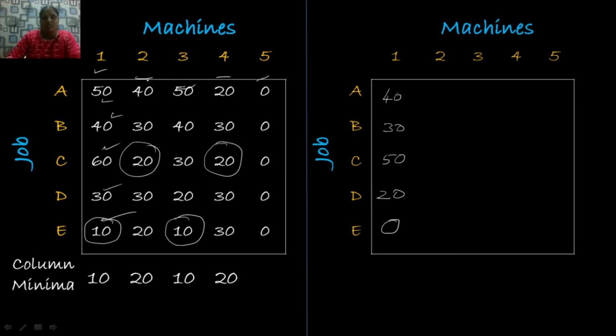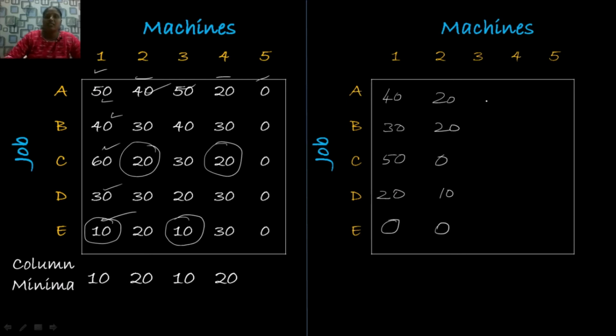And move on to the second column. We have to subtract 20 from these column elements. That is 40 minus 20, 20. Next 30 minus 20, 20. And 20 minus 20 is 0. 30 minus 20, 10. 20 minus 20, 0.